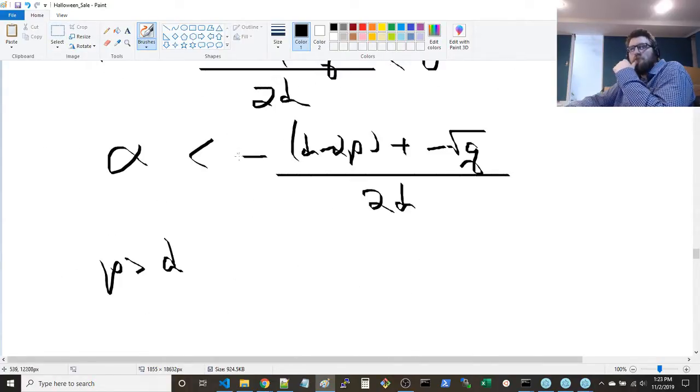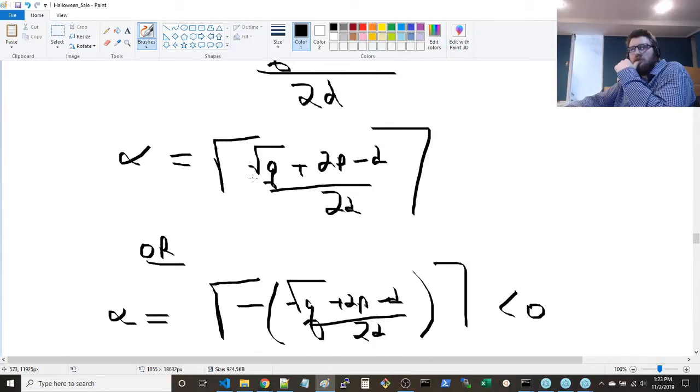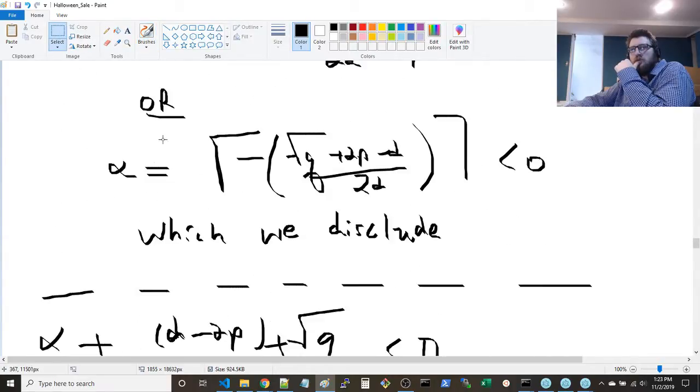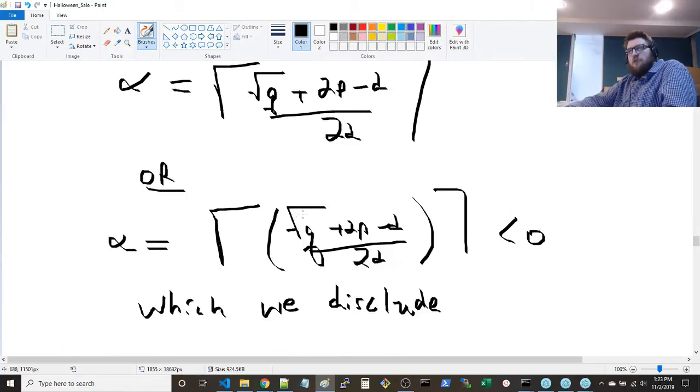Well, no, I had this wrong over here. It's actually 2p minus d, it's just negative q here. It would be the floor of this.